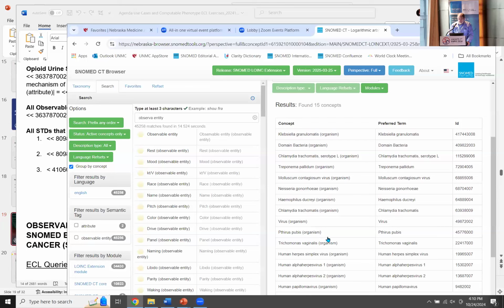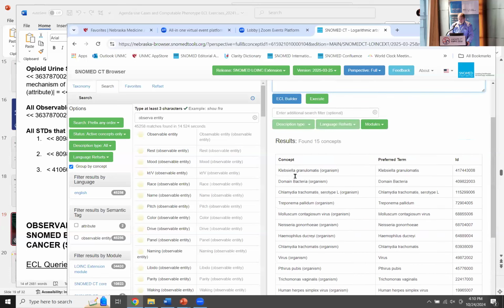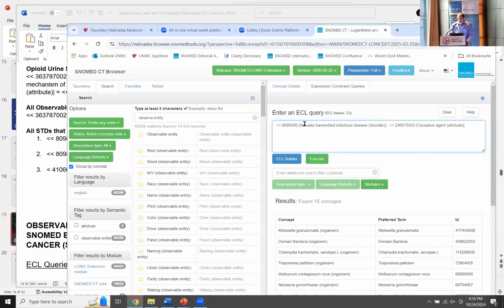But what you'll notice, for instance, is that there are a couple of things in here that I didn't want, and I'm not positive why they're here. One of you smart people could probably tell me. Let's look at the query up here again. You're picking up sexually transmitted infectious disease disorder, and then traversing the causative agent link.